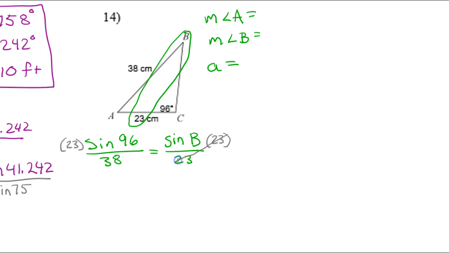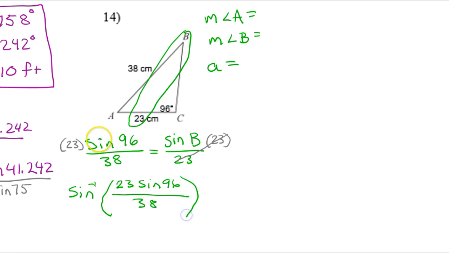So these will cancel each other out. So I have the sine of angle B is equal to all this. If I want angle B, I'm going to need to do the inverse sine. So I need to find the inverse sine of 23 sine 96 over 38.